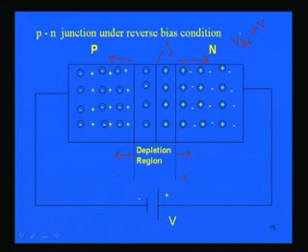That means it will be offering very high resistance to the flow of the charge carriers, that is, diffusion will not be taking place now. So, the diffusion current is 0.